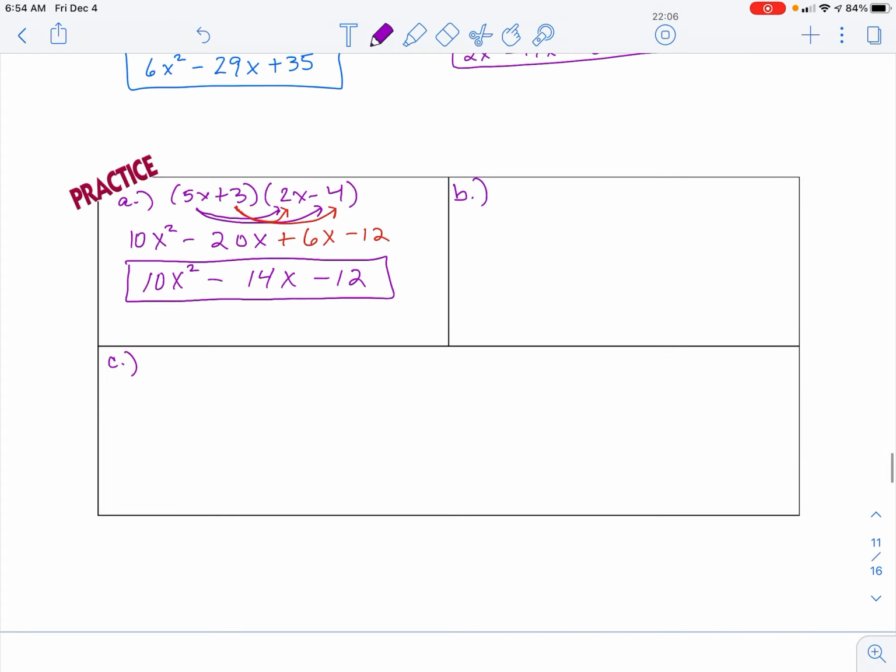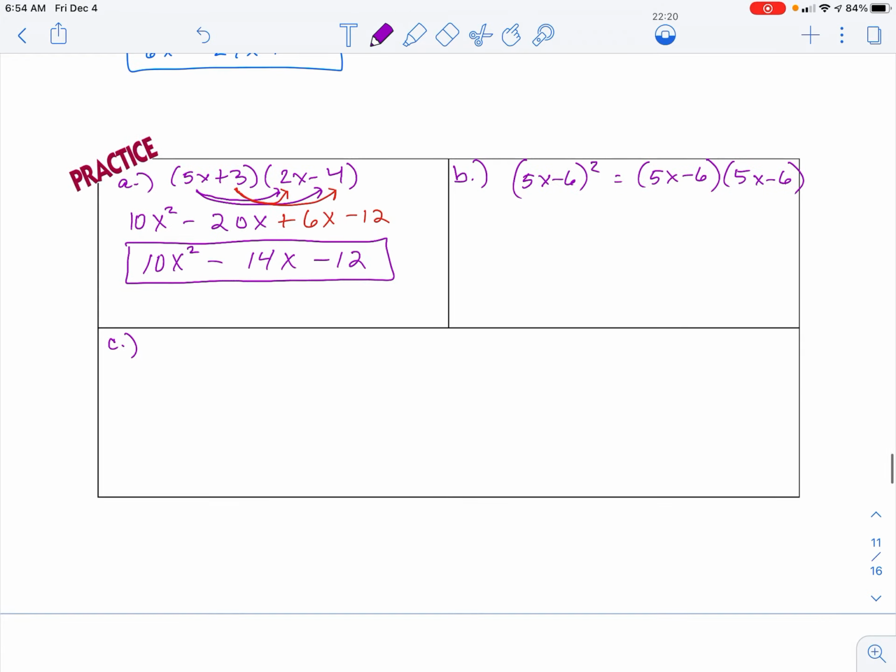Letter B says we have 5x minus 6 squared. We know that means 5x minus 6 times 5x minus 6. And we'll use the FOIL method here as well. 5x times 5x is 25x squared. 5x times a negative 6 is minus 30x.